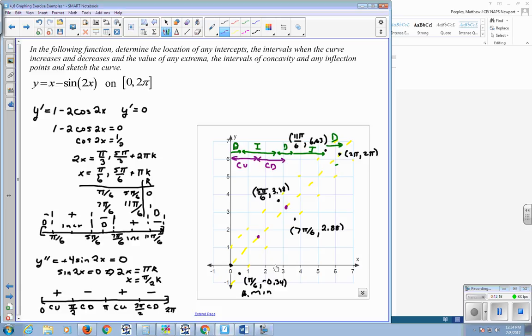By the way, we should take a look at those points. Pi over 2 is a point of inflection, as is the point pi right here.